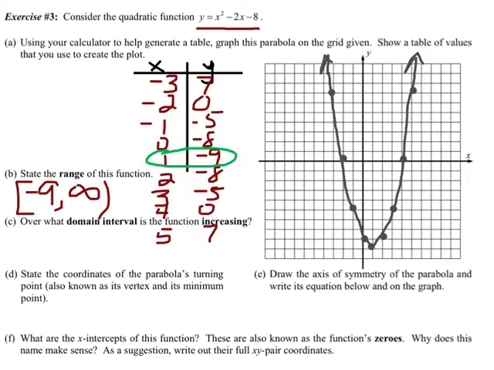Oh, let me read the question again. I apologize. Over what domain interval is the function increasing? So my increasing is from here on. So what is that value? That value of my domain is 1. My interval for that is 1, comma, positive infinity.